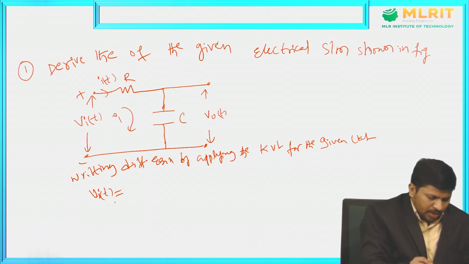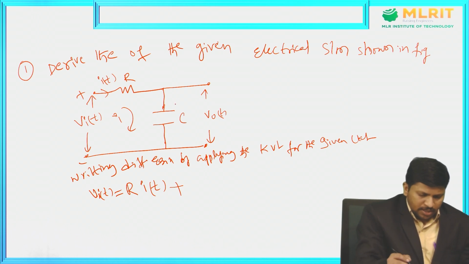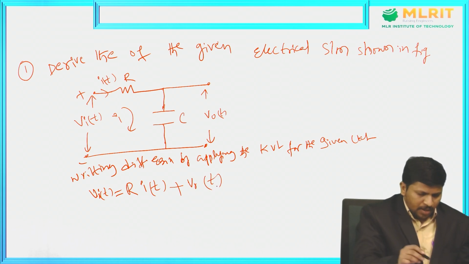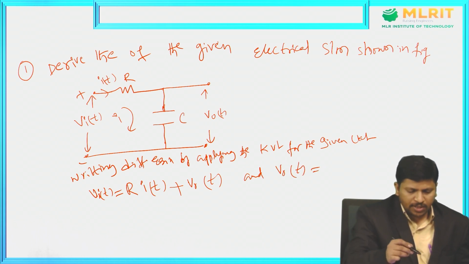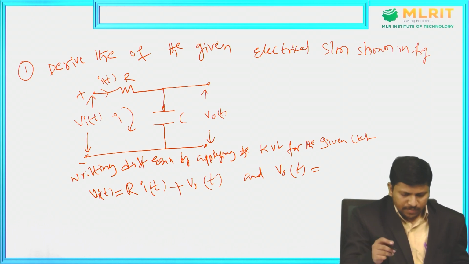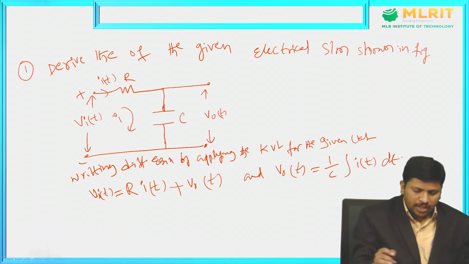Vi of t equals R into I of t plus the total output voltage V output of t. And the voltage across the capacitor, V output of t, equals 1 by C integral I of t into dt. These two are the differential equations.